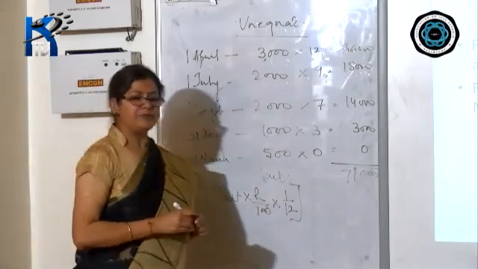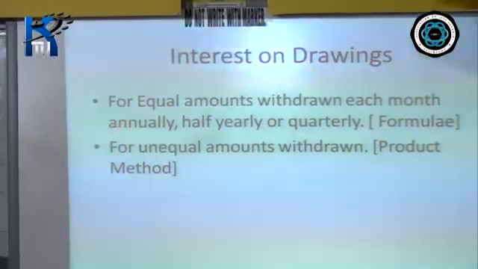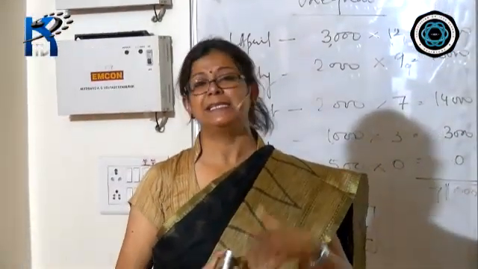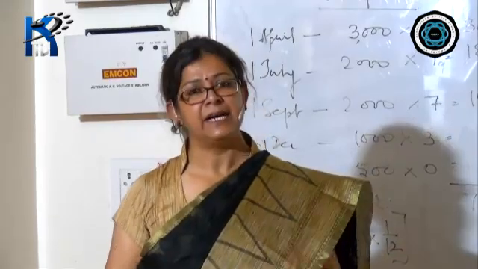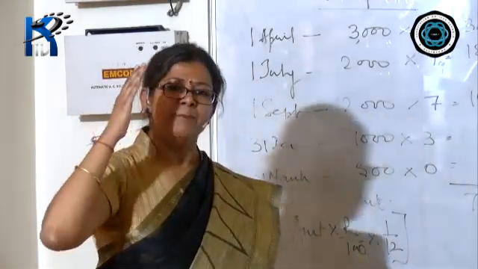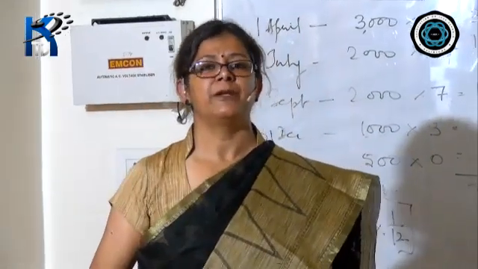Now, this is a very important part which I'm going to tell you. If the time of withdrawal is not given in the question, meaning the date when the drawing was done is not given, it becomes mandatory that we calculate the interest for an average period of 6 months.